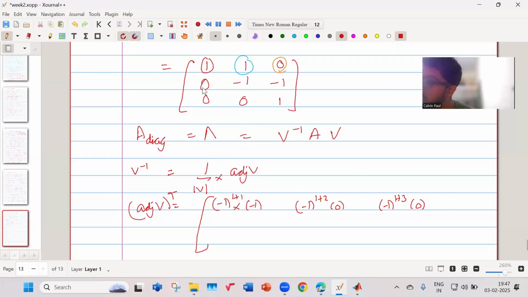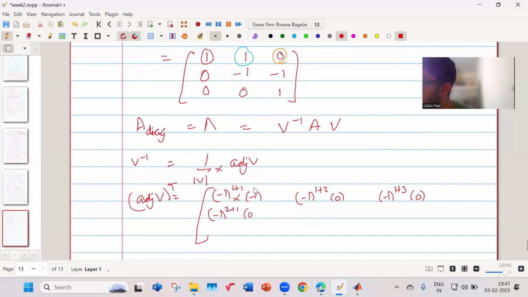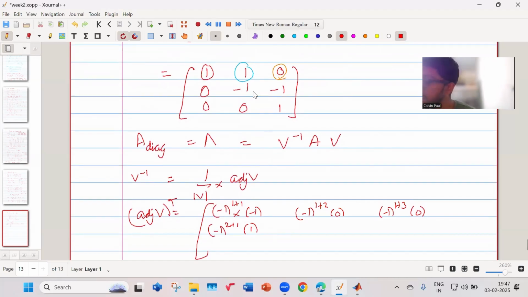Now it is minus 1 to the power second row, first column, into 1. Here it is minus 1, second row, second column, 1 into 1, 0 into 0, so it is 1. Here, second row, third column, that means this one, so it is 1 into 0, 0 into 1, so it is again 0.